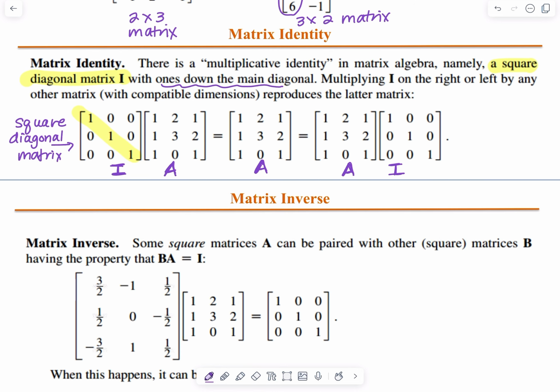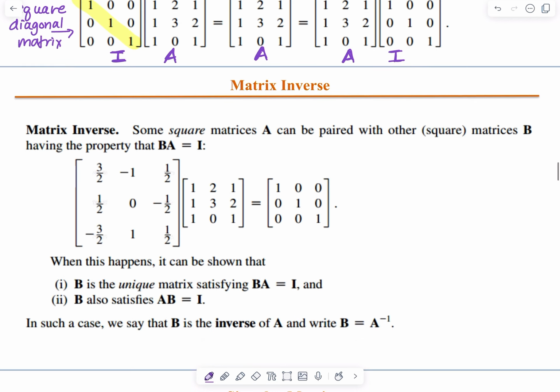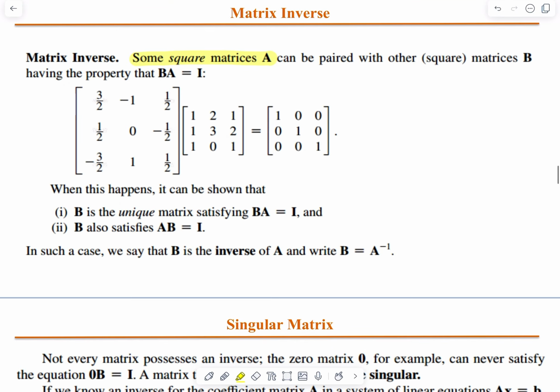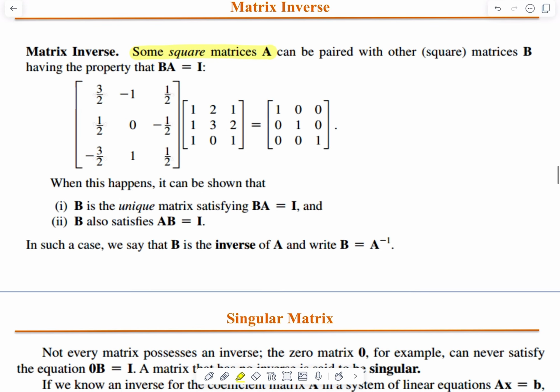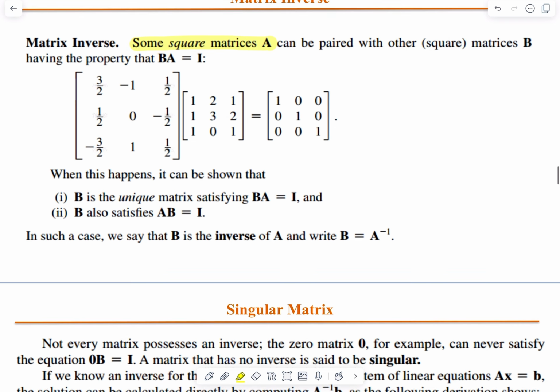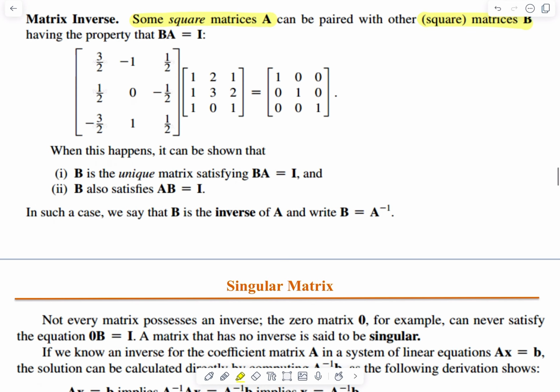How about the inverse of a matrix? Some square matrices A can be paired with other square matrices B, having the property where B times A, now they are both square matrices, is equal to that identity matrix. So when this happens, it's pretty cool.